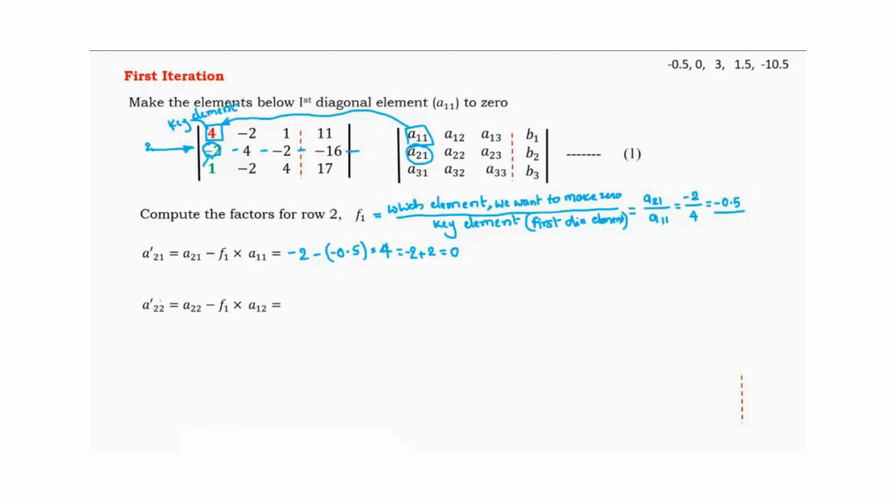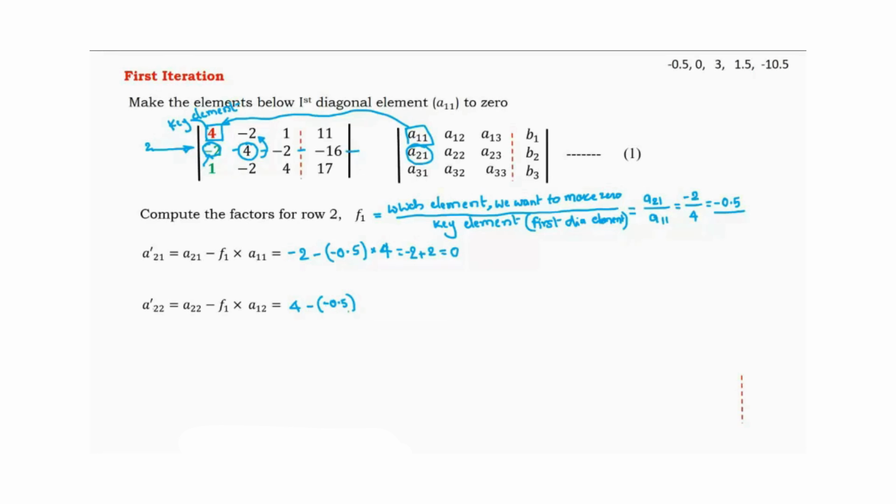The new element A22 dash is A22. What is the value of A22? Here, this is the value of A22. It is 4. 4 minus factor, so it is minus 0.5 into the corresponding element from the key row.